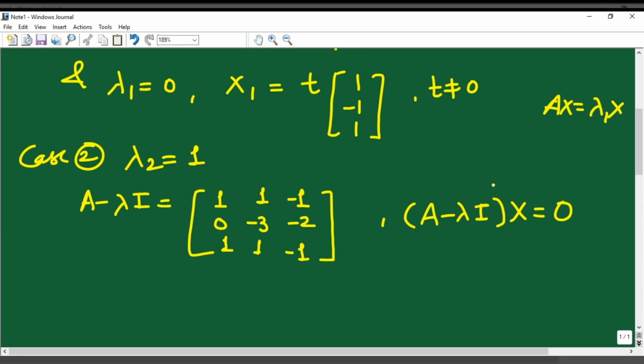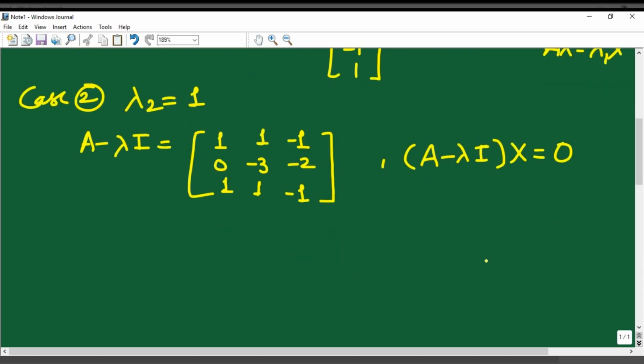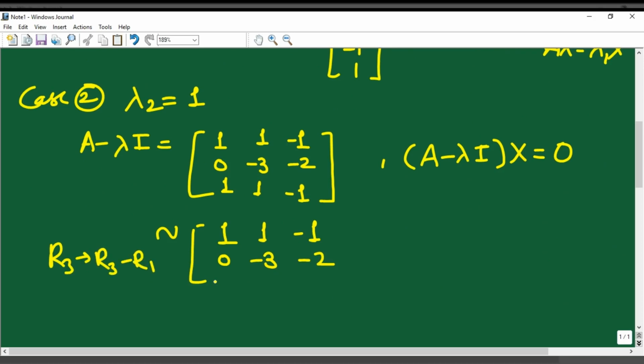In one of the lectures we have seen this is nothing but finding all x which satisfy the homogeneous system (A minus lambda I) x equal to 0, which is basically the collection of all the vectors which forms the null space of this matrix A minus lambda I. So this matrix is further equivalent to 1, 1, minus 1, 0, minus 3, minus 2, and with R3 goes to R3 minus R1 we get 0 in the last row.